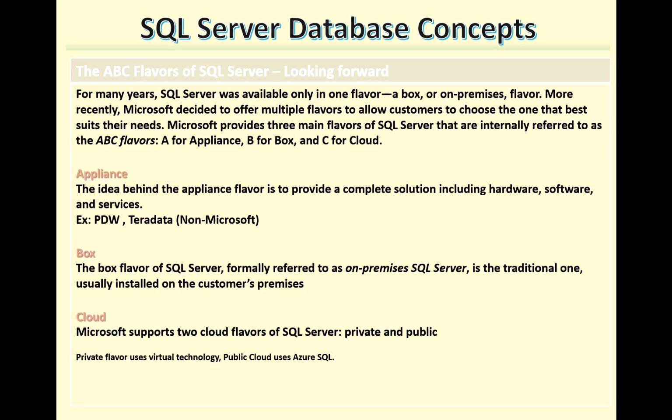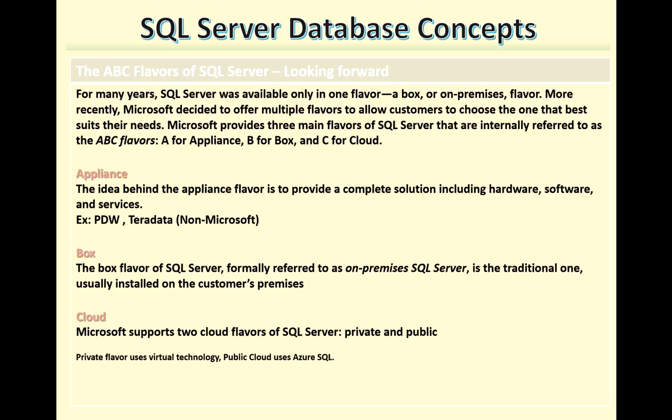That is called an appliance. Boxed means how Microsoft or any company sells software. You buy SQL Server as its own software, and you buy Windows as its own software. You install Windows, you buy SQL Server, and then you install SQL Server. So that is boxed. Then the cloud based solution.